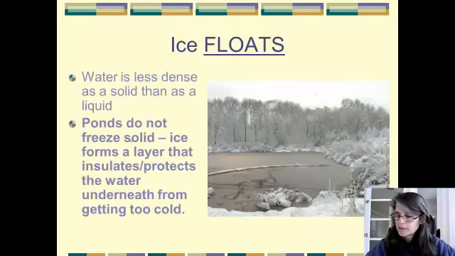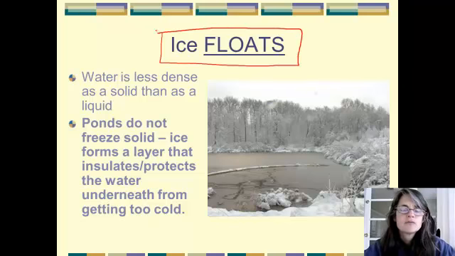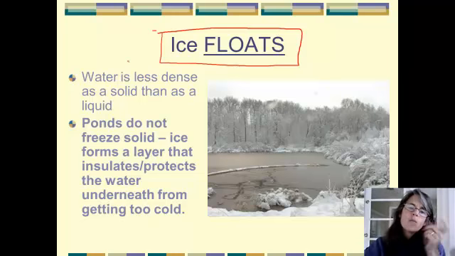All right, another peculiar property of water is that ice floats. Now, think about this. I think this might be number 5 or 6. I can't remember. Ice floats. When a substance gets cold, the molecules in that substance slow down.